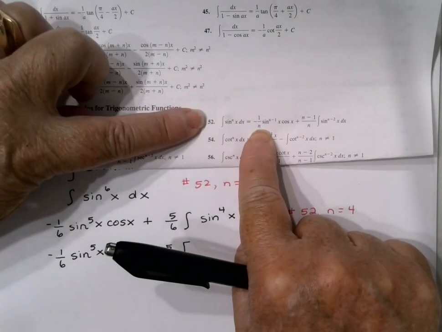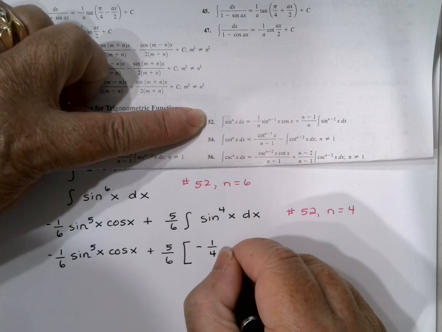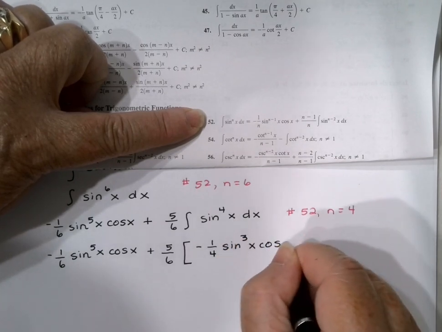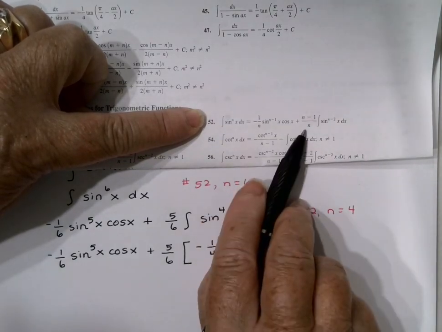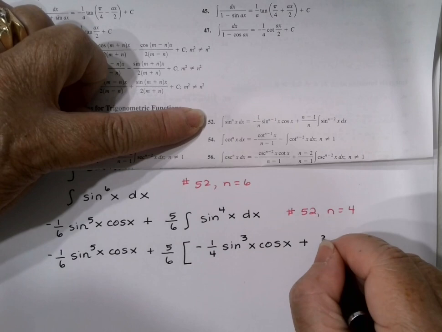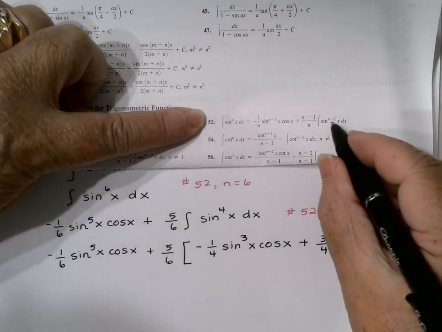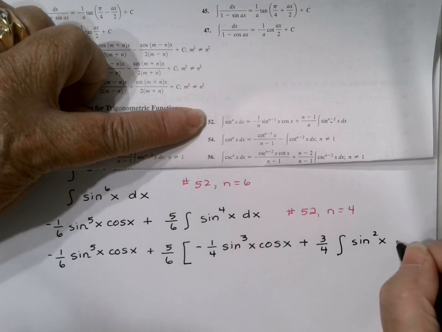Back up to here again, we'd have negative 1/4 sine to the 3rd of x cosine x plus, that'll be a 3 over 4, integral of sine to the 4 minus 2, or sine squared, of x dx.